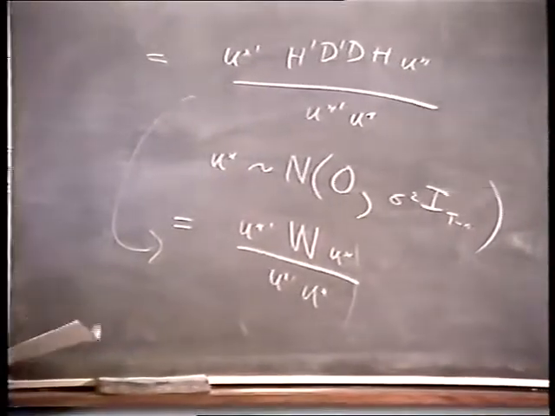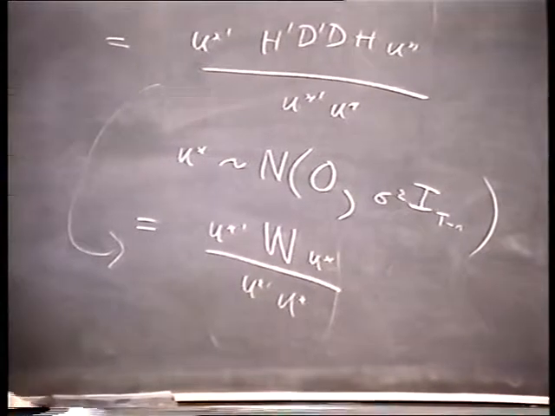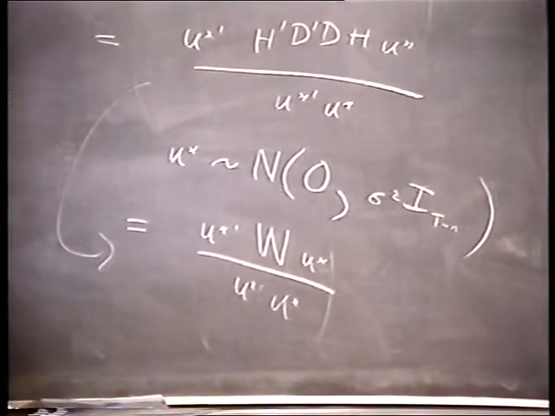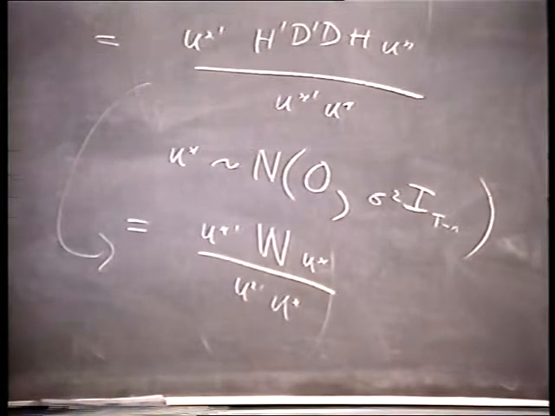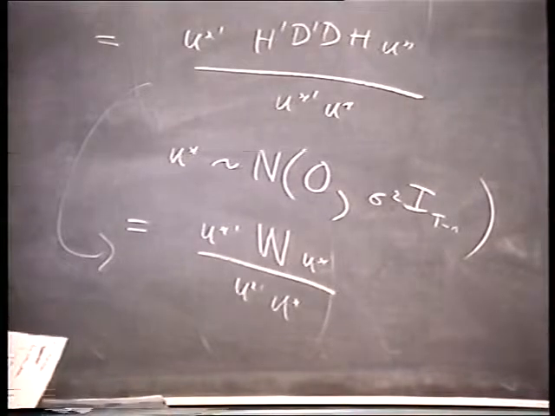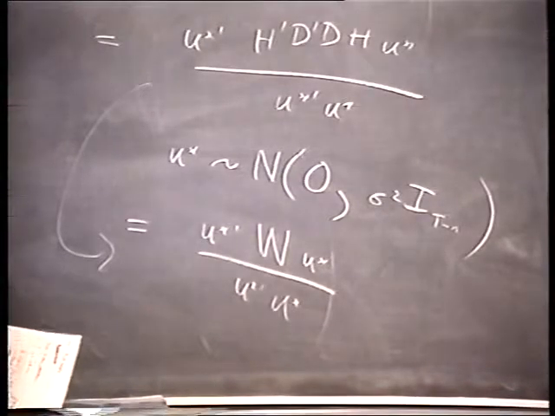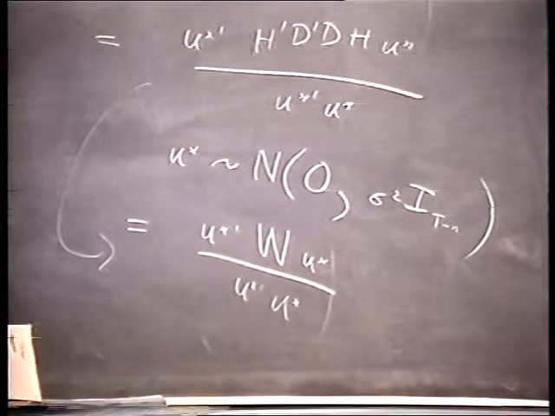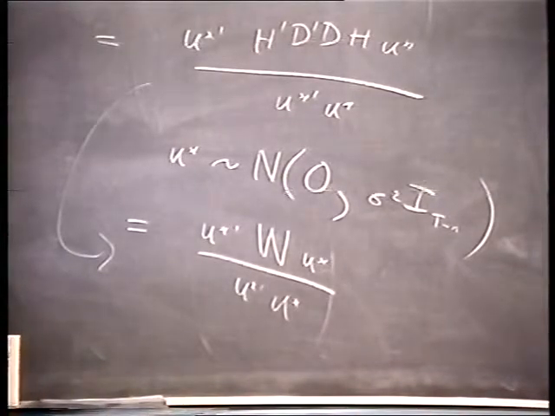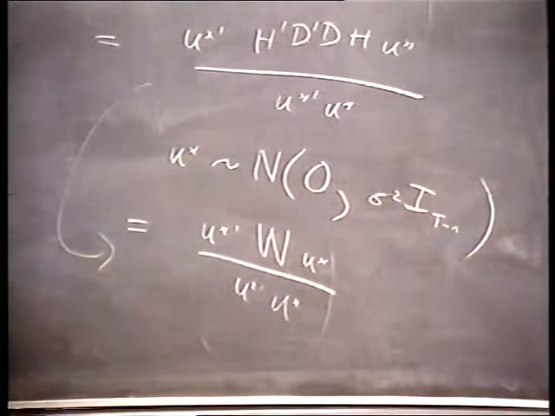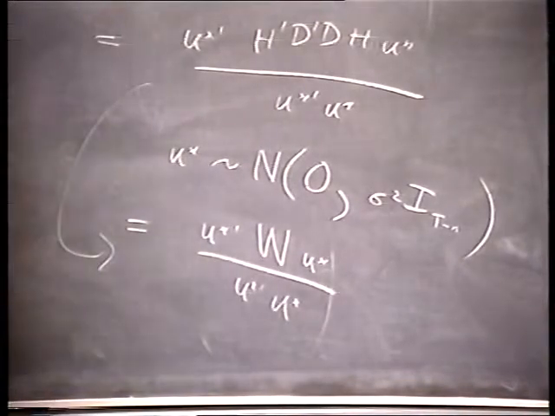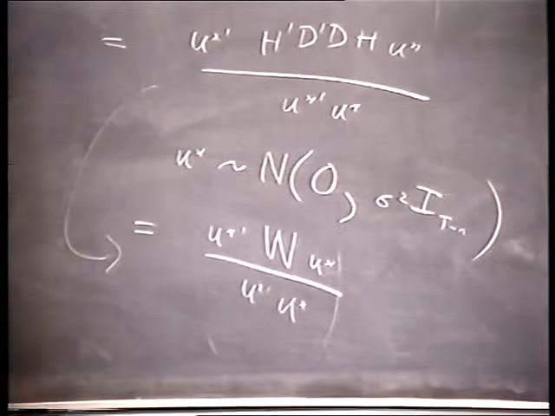And the obvious transformation to make at this stage, which reduces the number of parameters we have to look at, is to the usual eigenvalue form, the usual canonical form. And so let us introduce a second orthogonal transformation to get W into its canonical form, into its diagonal form.